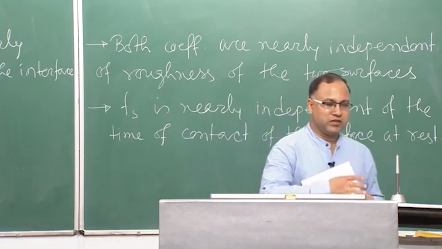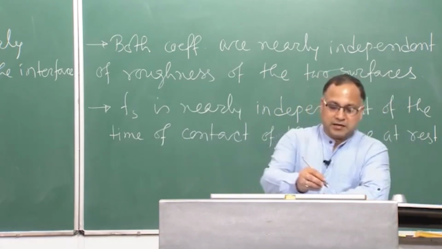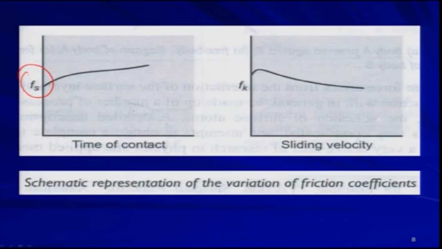This is your static coefficient of friction, and this is your time of contact between two surfaces, and you see that the variation is like this. So, it is almost clear that the Fs is independent of your time of contact.